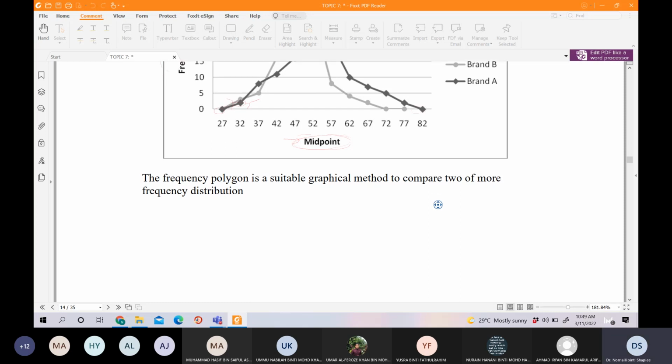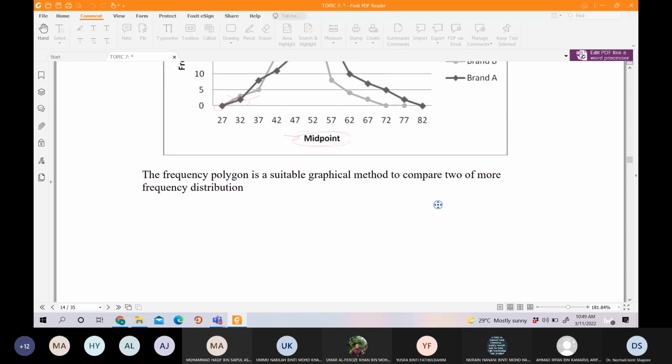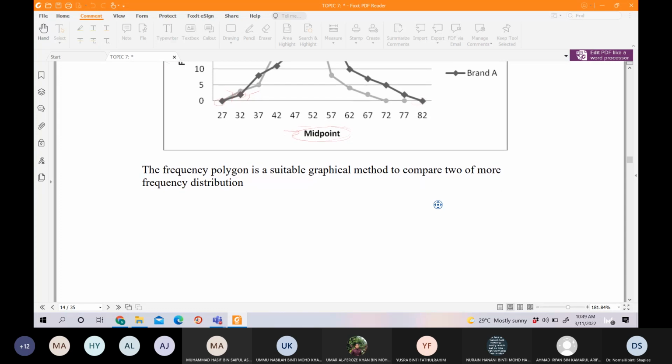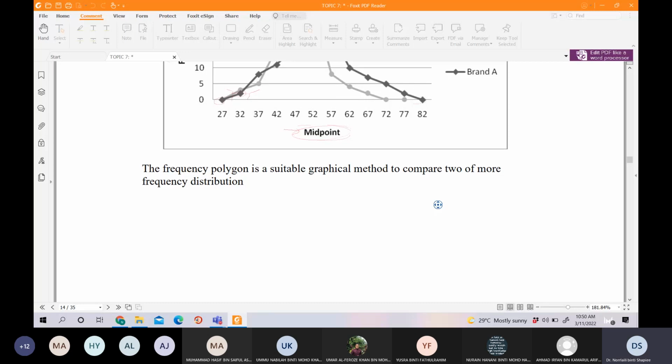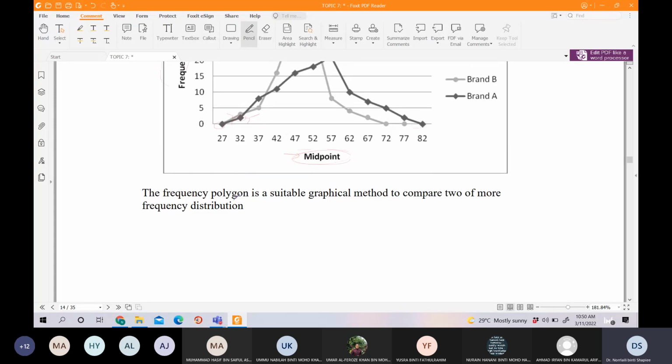Kenapa kita kena belajar frekuensi polygon? Okay, because you want to compare two or more graphs. So, to compare two or more frequency distributions.